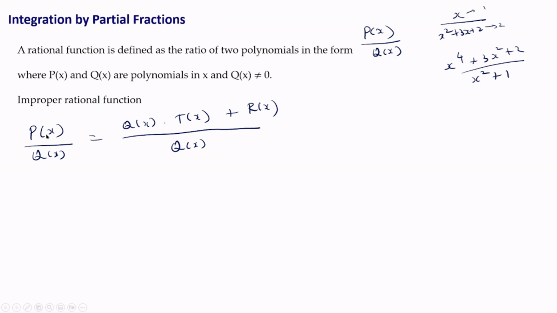So when we divide this p of x by q of x, then this p of x will be nothing but q of x into the quotient plus the remainder. So this, when we simplify, we get it as t of x plus r of x by q of x.